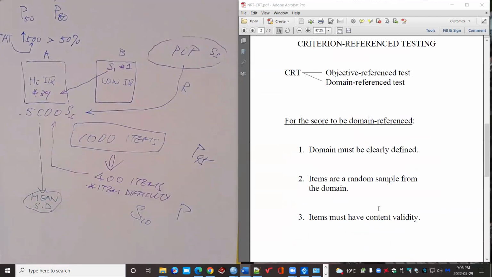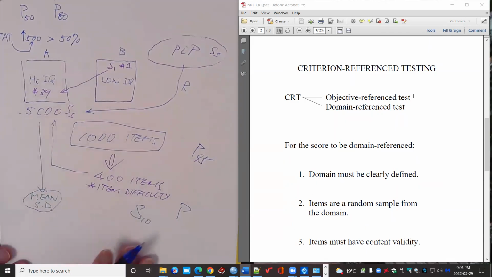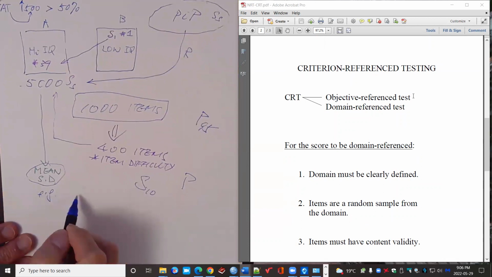Criterion reference testing, okay, CRT. Sometimes it is called objective reference test, sometimes domain reference test. All right. So CRT uses the absolute notion of interpreting test score. For example, use percent. If the test score is 90%, what does that mean?